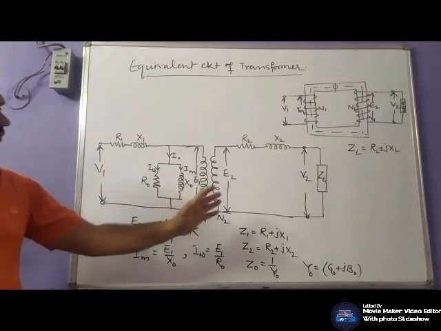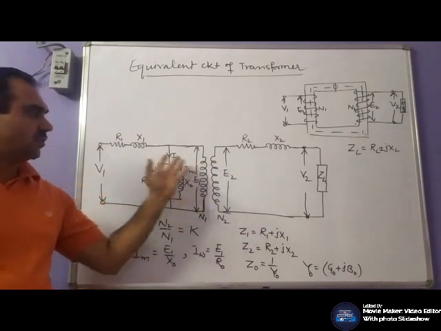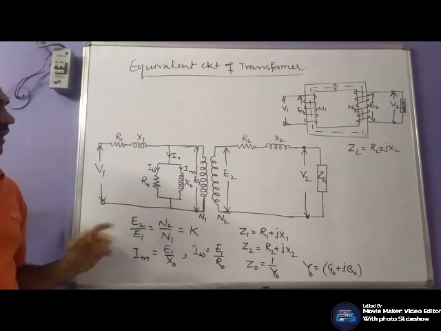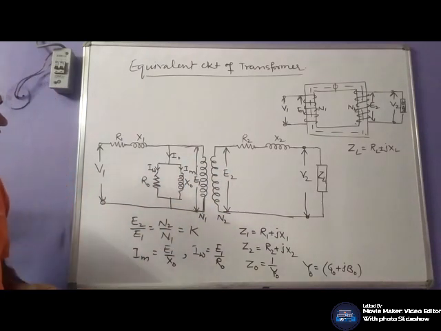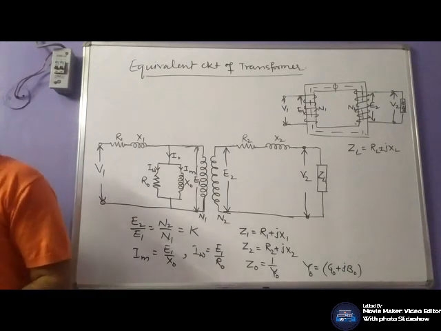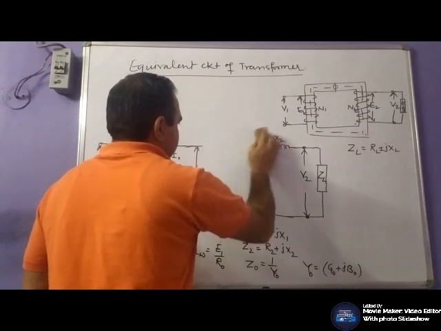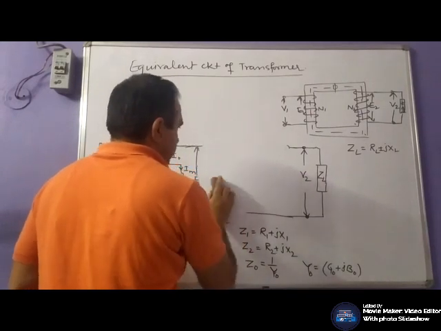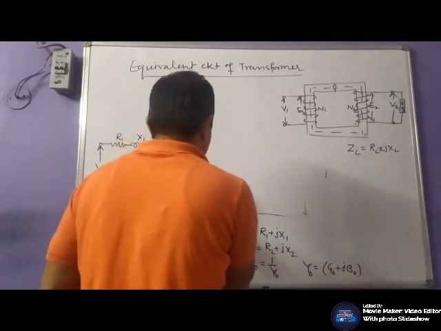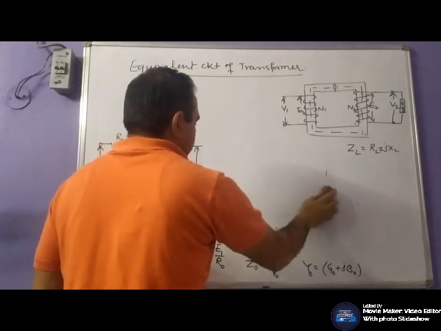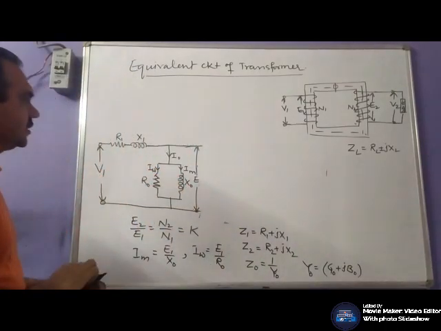Now, if we transfer these parameters to either side, what would be their equivalent values? Let us transfer this circuit to the primary side.